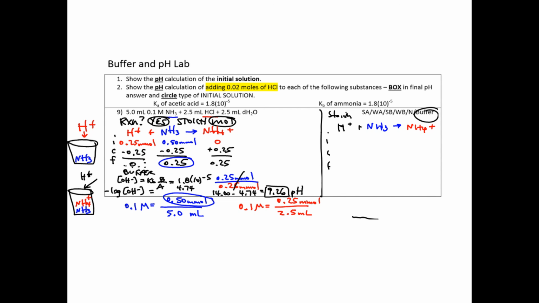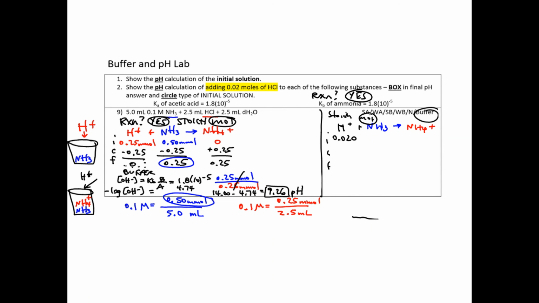I'll just write stoichiometry in moles because was there a reaction? The answer was yes. And so just copy down 0.020 for this. I'm just going to copy down the original moles. Well, let's work in millimoles just for fun.